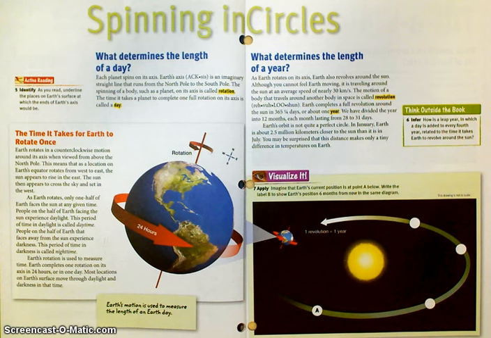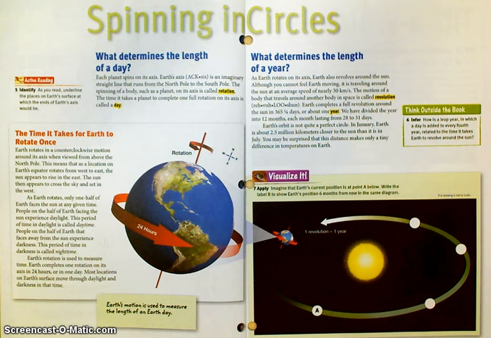The half that's facing the sun is having daytime and is getting daylight from the sun, and the other half that's facing away from the sun is experiencing nighttime. And there is a boundary line between daytime and nighttime. Okay, so we always have half of the planet lit by the sun, but the boundary line between the half that's lit and the part that's unlit is called the terminator.